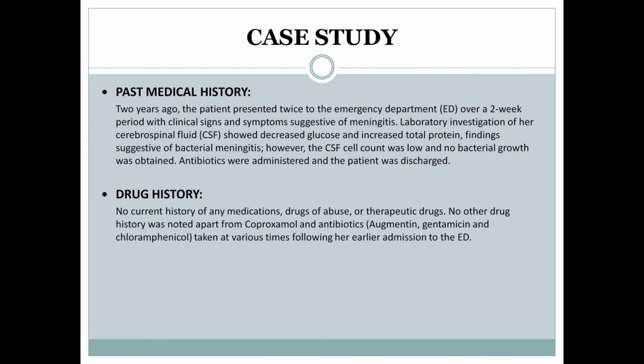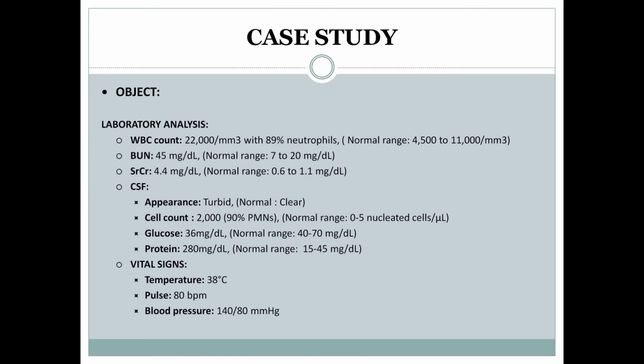Antibiotics were administered and the patient was discharged. Now, drug history: no current history of any medication, drugs of abuse, or therapeutic drugs. No other drug history was noted apart from ceftriaxone and the antibiotics Augmentin, gentamicin, and chloramphenicol taken at various times following her earlier admission to the emergency department.